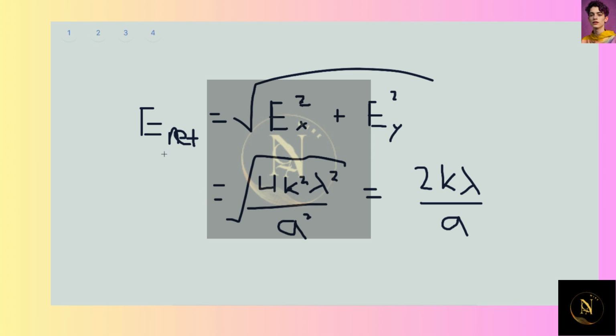So the net electric field is just going to be 2k lambda over a, where k is going to be equal to 1 over 4 pi epsilon naught, and lambda we defined earlier as 2q over pi a, linear charge density. So you can plug those in and you can simplify this net electric field. So this is our answer here.